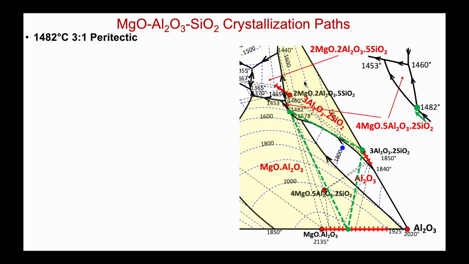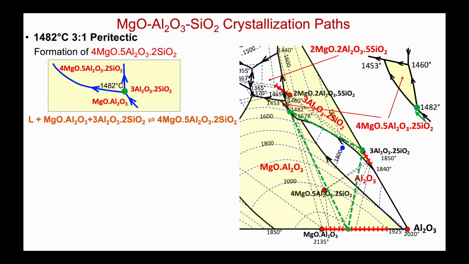So let's identify this 1482 invariant. You can see on the blow up on the right, we've got one valley coming in and two exiting. If you remember, then this is called a 3-1 peritectic. And in this case, we're going to start forming a new phase, and that will be this sapphirine phase whose primary phase field is bounded by this triangle.